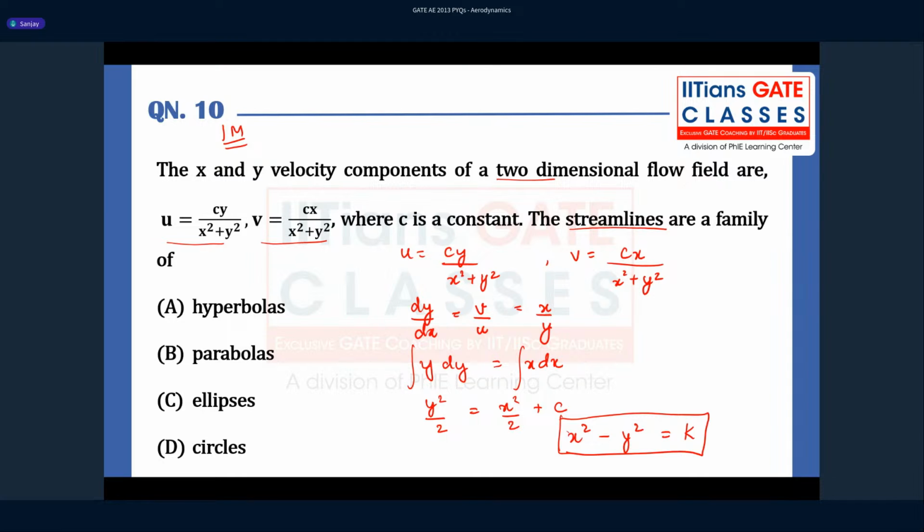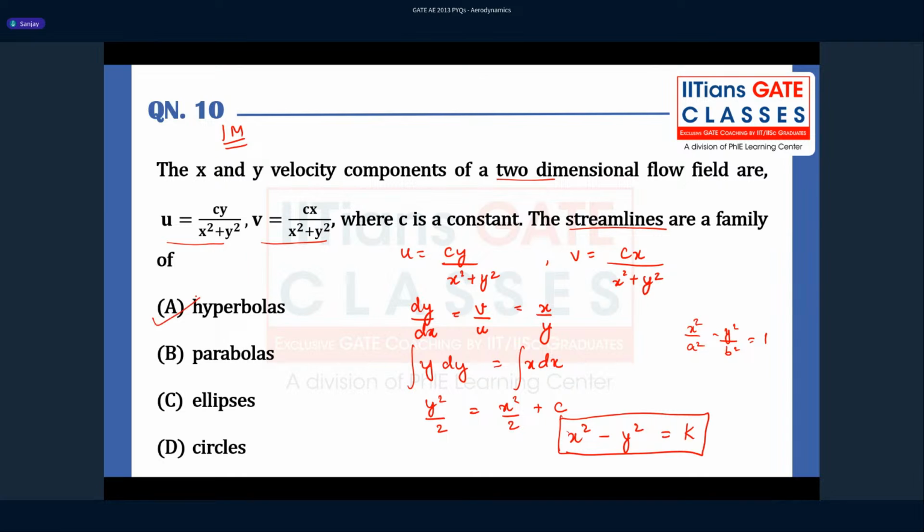Now you look at the options and figure out which curve this particular solution corresponds to, right? So this corresponds to a hyperbola. You know the general equation for a hyperbola is x square by a square minus y square by b square is equal to 1, right? So this equation resembles the equation of a hyperbola.